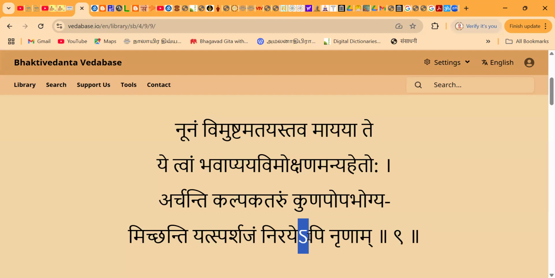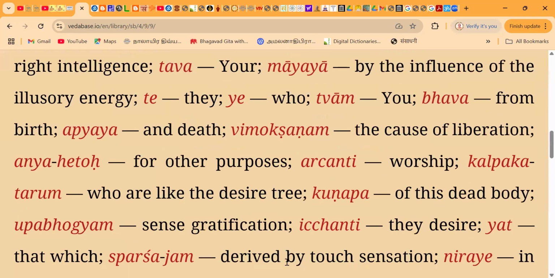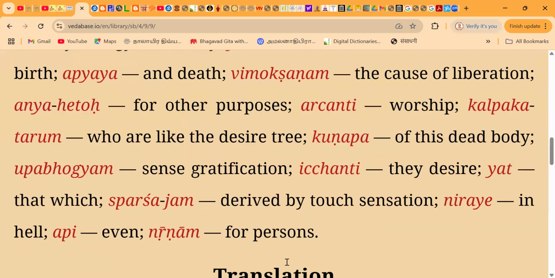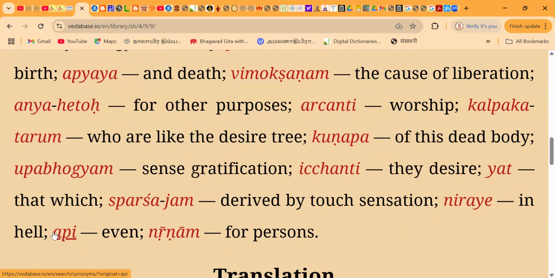When you do a sandhi vicheda, it comes to niraye and api. The word-to-word translation is done after doing sandhi vicheda. Niraye is there, and the next word is api. In the api, the akara disappears by the sandhi.